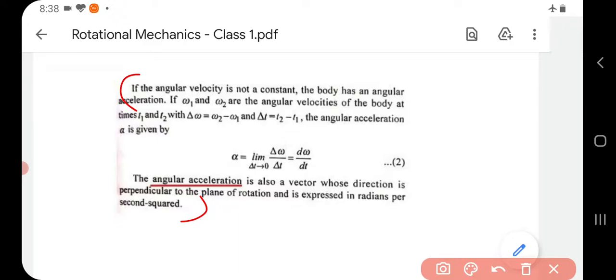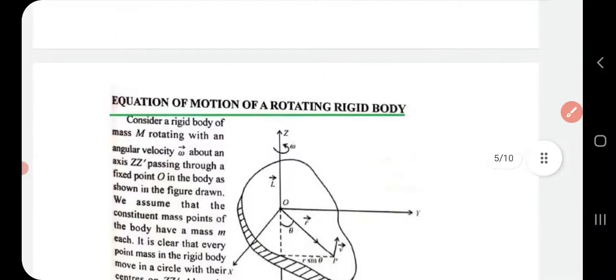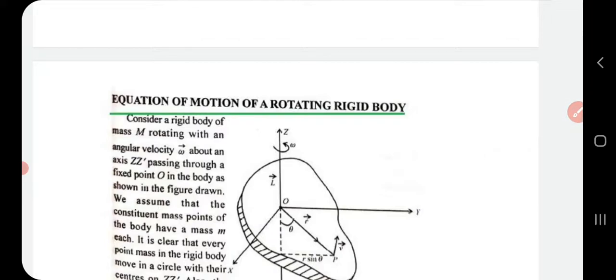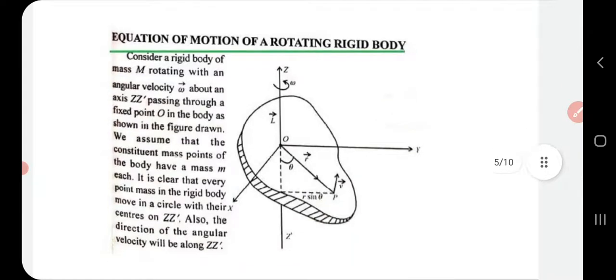Okay. Now, next is an essay question, that is, derive the equation of motion of a rotating rigid body. So when you are asked to write an essay on that, first you give the definition for a rigid body. What is meant by a rigid body?